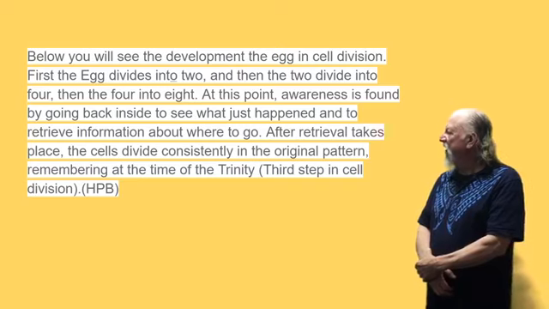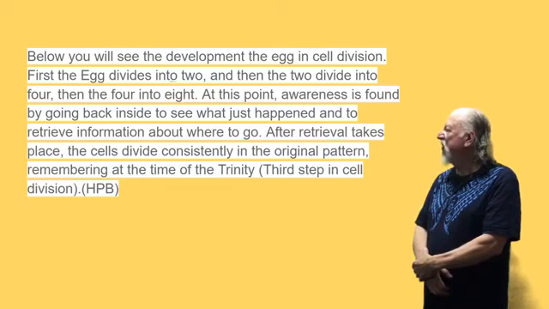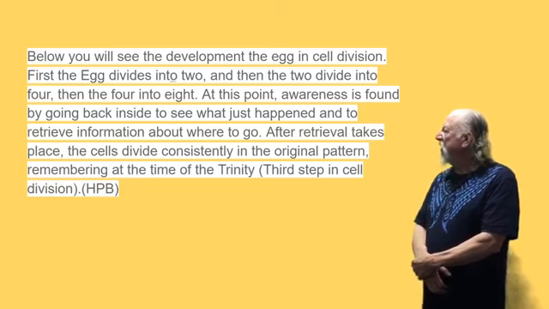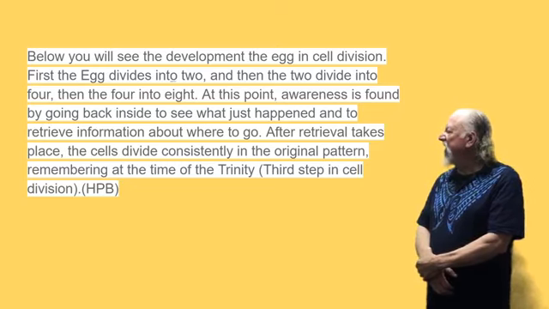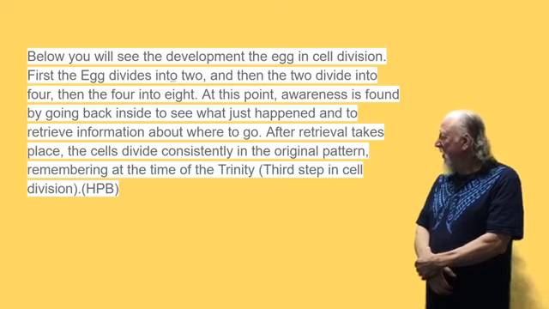First the egg divides into 2, then into 4, then into 8. At this point awareness is found by going back inside to see what just happened and to retrieve information about where to go. After retrieval takes place, the cells divide consistently in the original pattern, remembering at the time of the Trinity the third step in cell division.